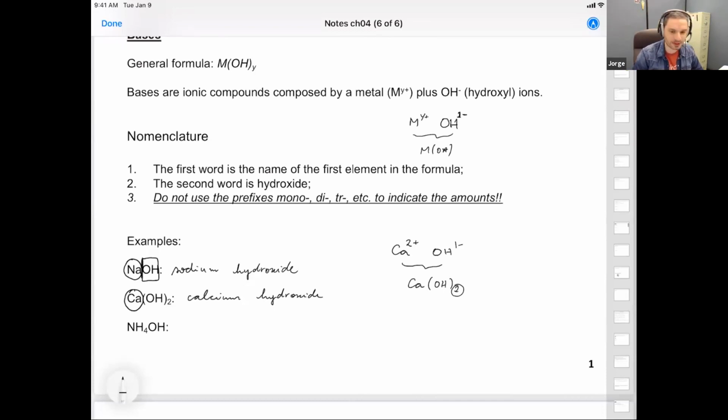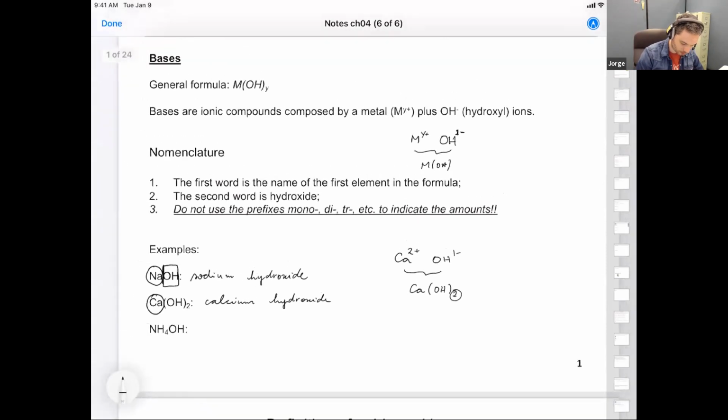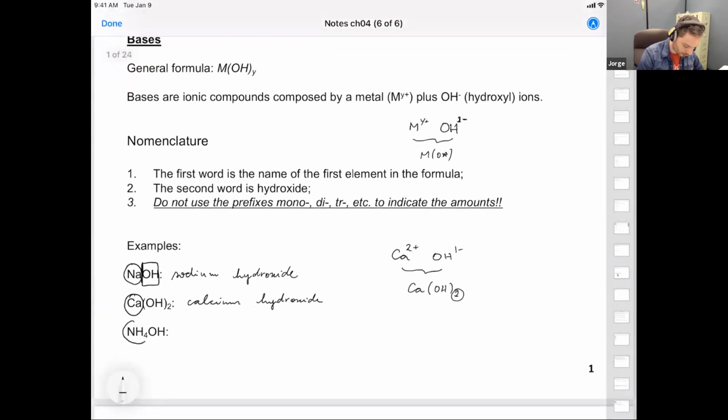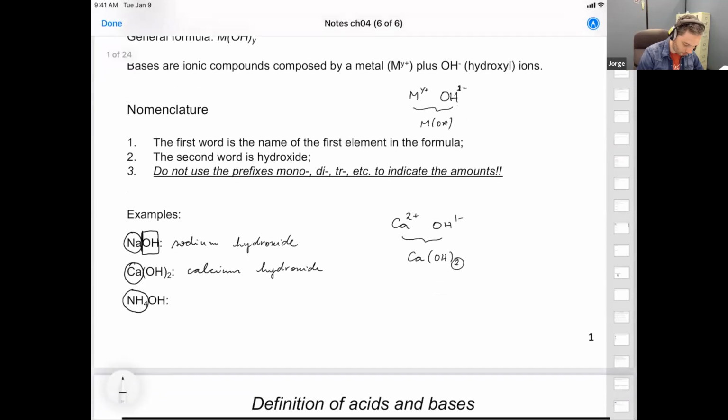Okay, third case here, that's a very special case. What we have here is NH4. NH4 always has a plus charge, and this compound receives a special name, which is ammonium.